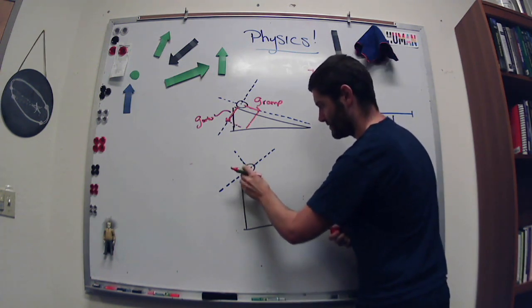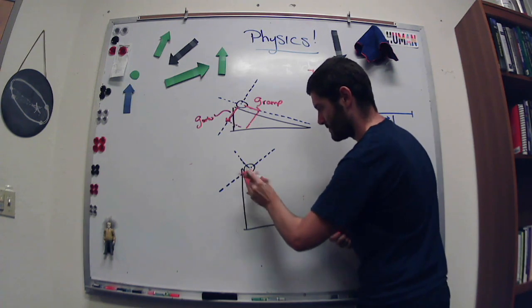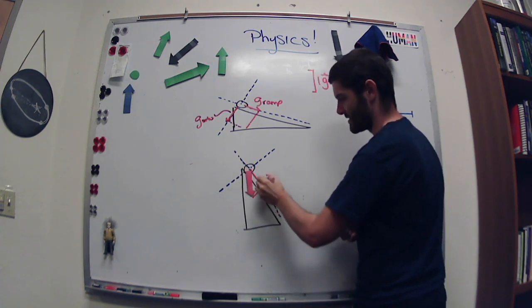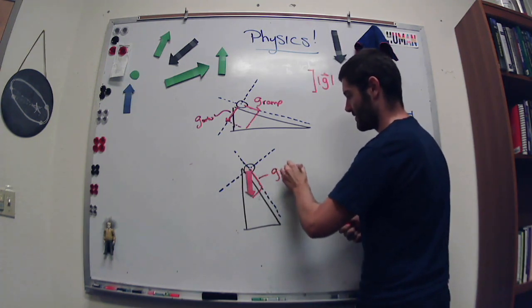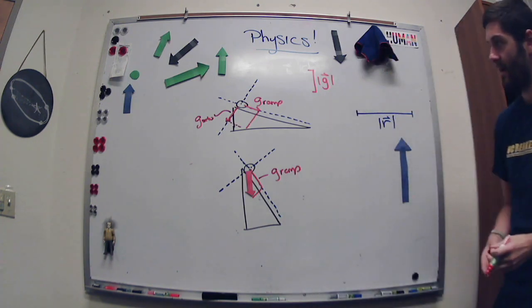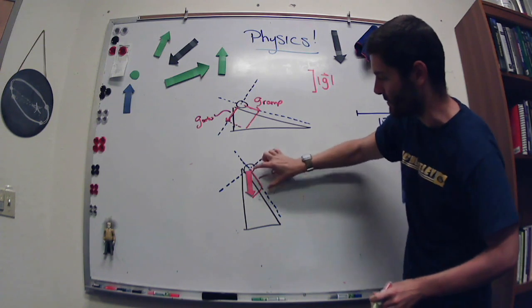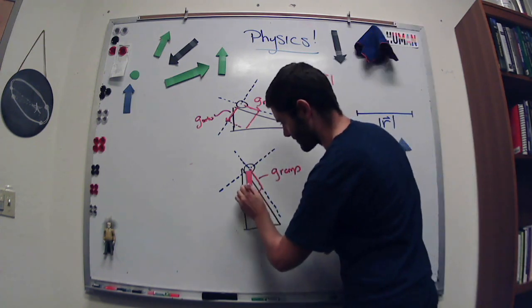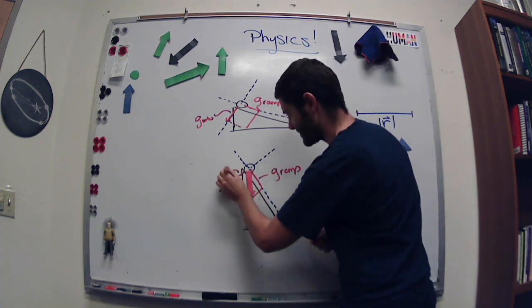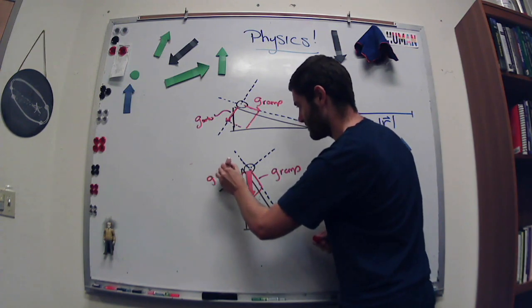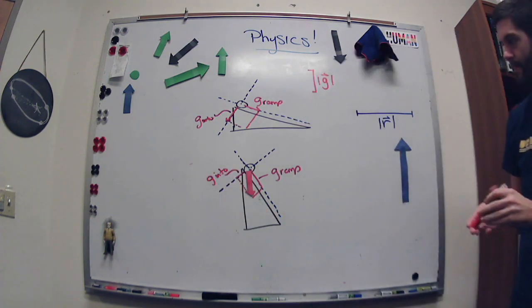Now the component G ramp along the ramp is much larger than before, and the part going into the ramp, G into, is much smaller.